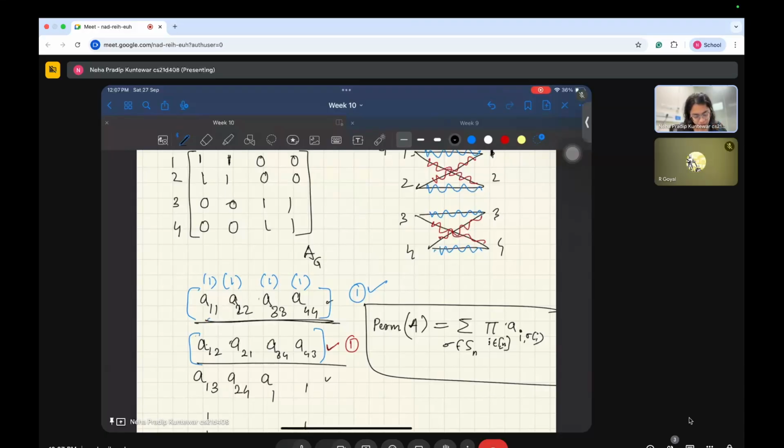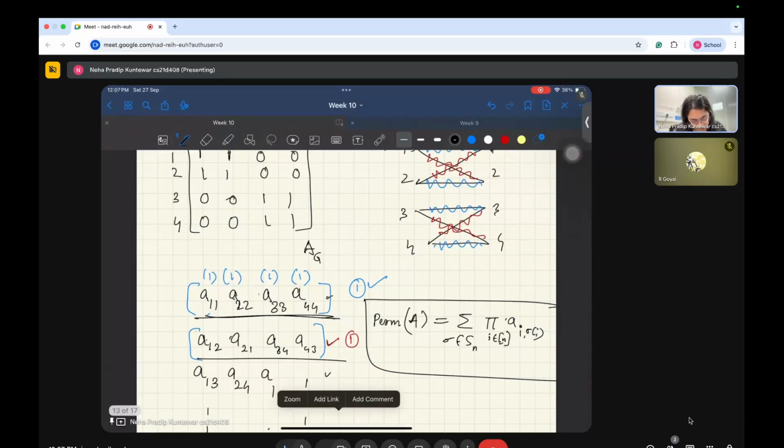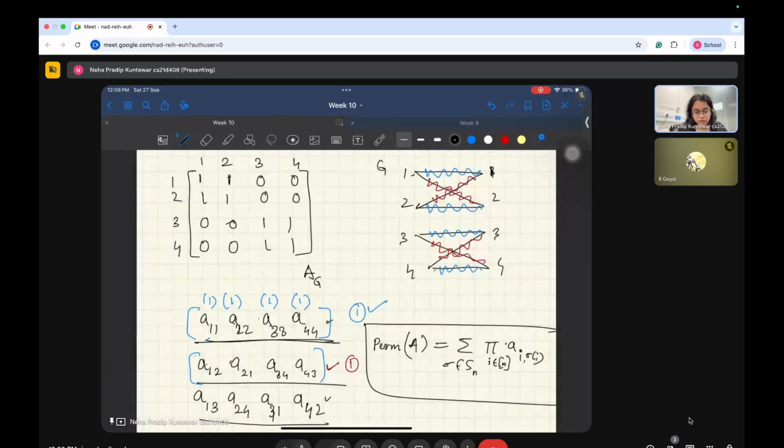Yes, yes. Okay, so then let's say A31 and A42. Okay, this is a permutation. Now let's calculate the value of this. Like you said, if any one of them is a 0, in this case A13 is a 0, then this is going to be a 0.